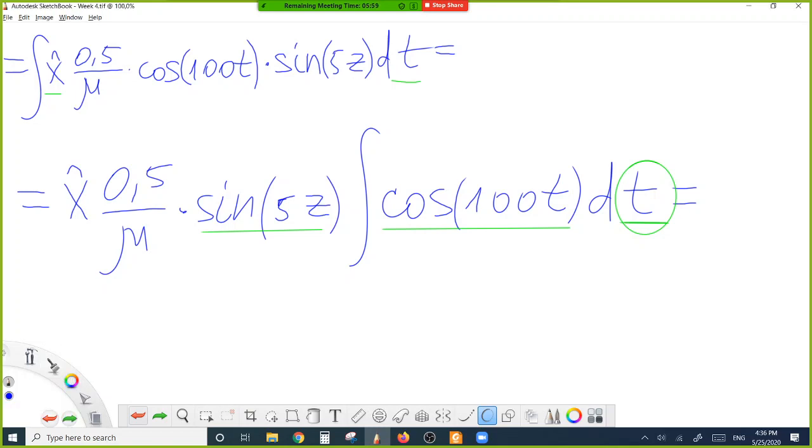Okay, now it's simple, we need to compute this integral, which is equal to simply sine 100t over 100.